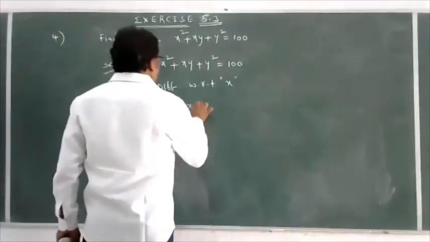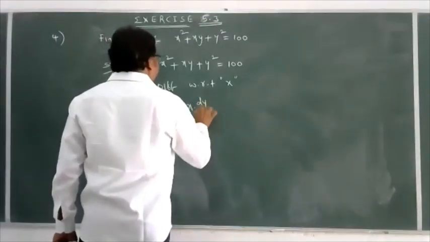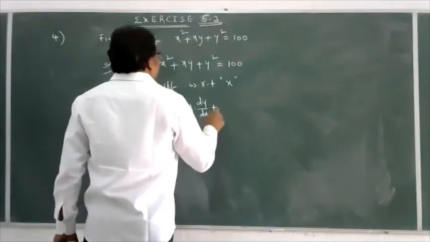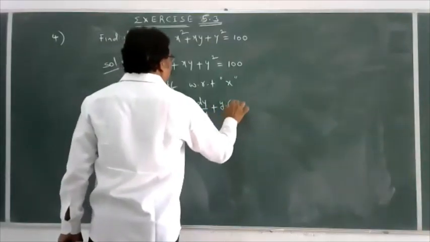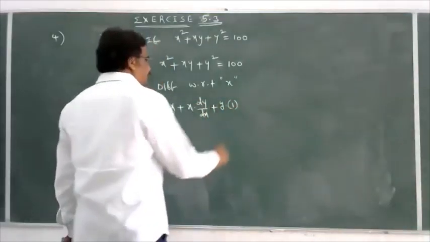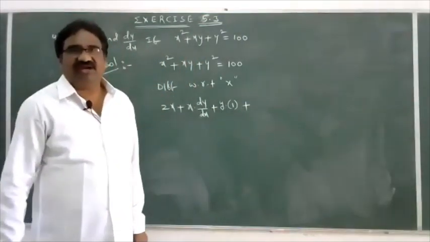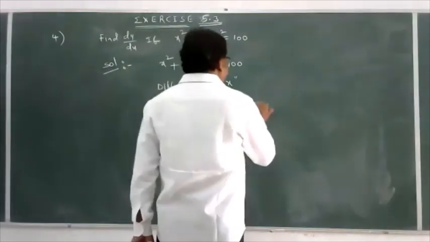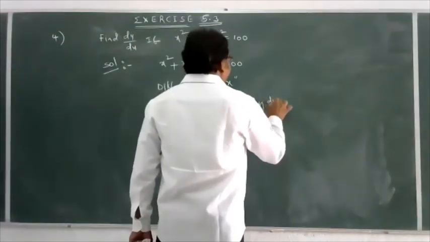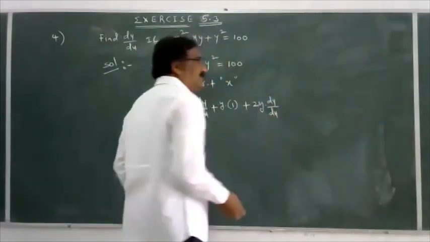So x into y derivative dy by dx plus second function y into x derivative 1, plus y square derivative.